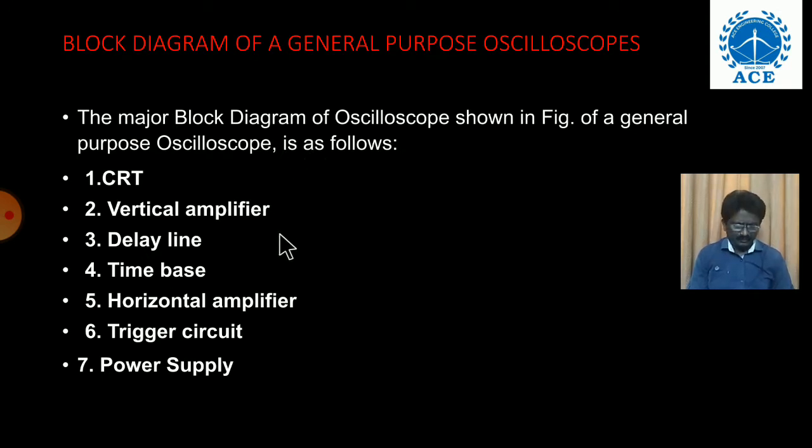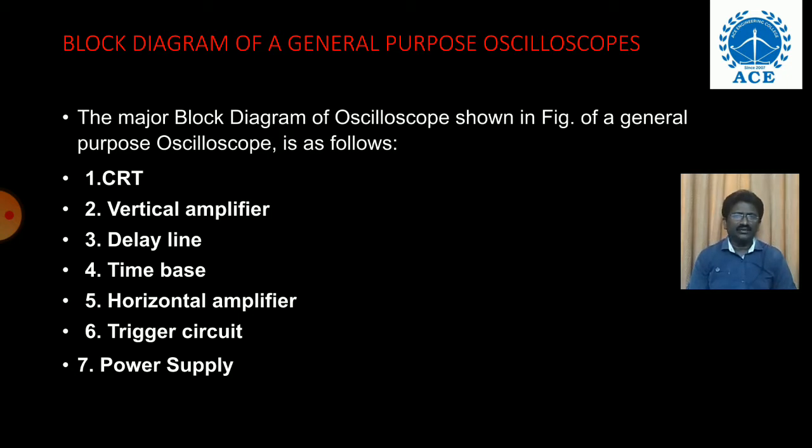So now I will explain the block diagram of a general purpose oscilloscope. Actually, in our laboratory, you can observe what is called the general purpose oscilloscope. Majorly it has these blocks: first the CRT, this is the cathode ray tube, and next the vertical amplifier. With the help of the vertical amplifier, you can amplify the input signal. Next, the delay line.